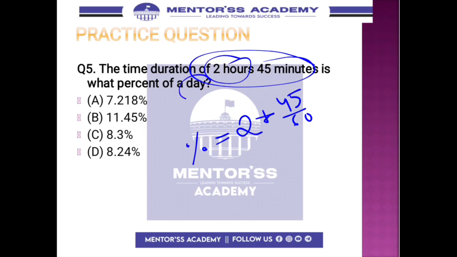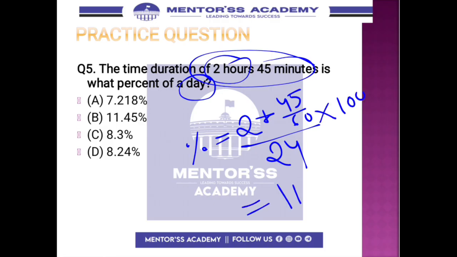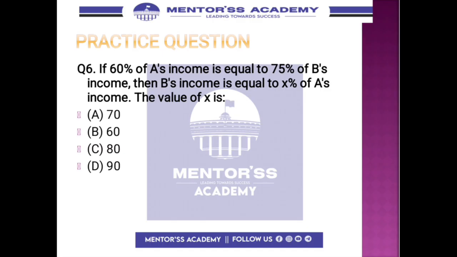In a day we have 24 hours. So divided by 24 into 100. You solve this, you'll get 11.45%. So the answer here is 11.45%. So, moving on to the next question.